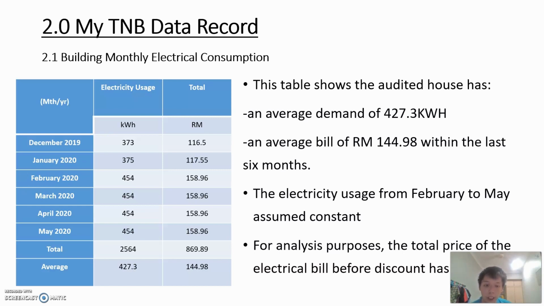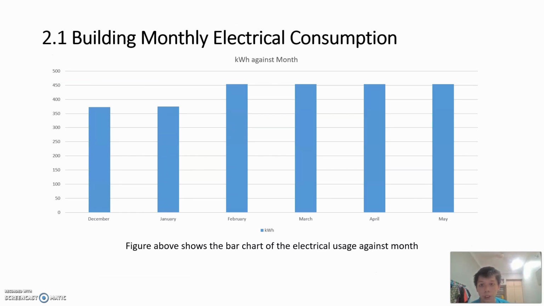For analysis purposes, the total price of the electric bill before discount has been recorded. Based on the data recorded, we have made these bar charts. The first bar chart is kilowatt per hour against month, so basically it's the electricity usage against month.